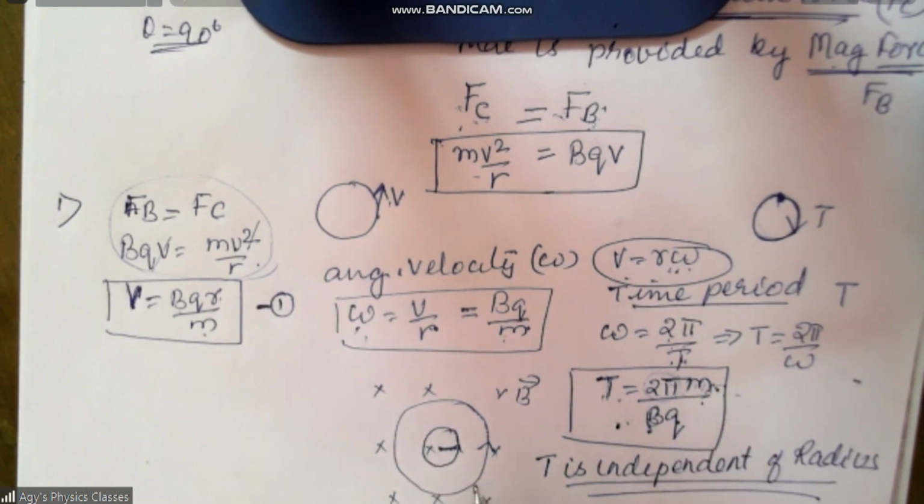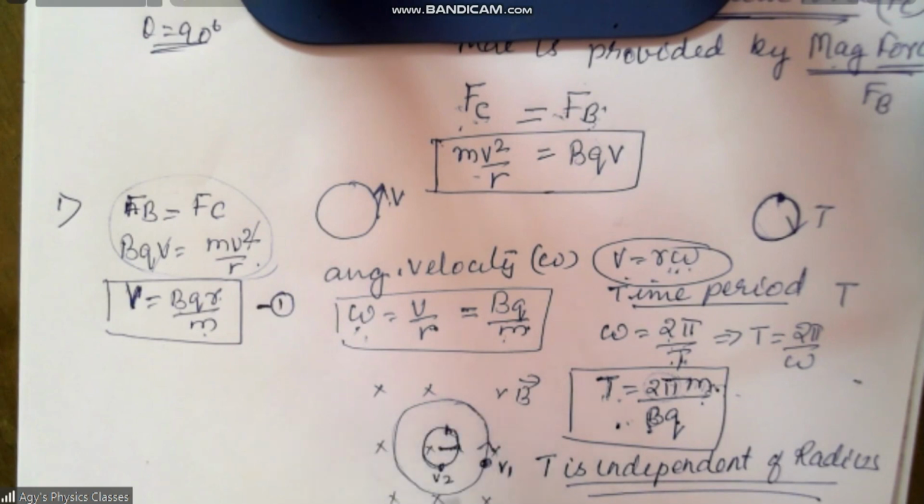Okay, then how is that possible? It takes the same time to move a smaller path or a larger path. How is that possible? That means here it is moving faster, the linear velocity, say v1, and here velocity v2.